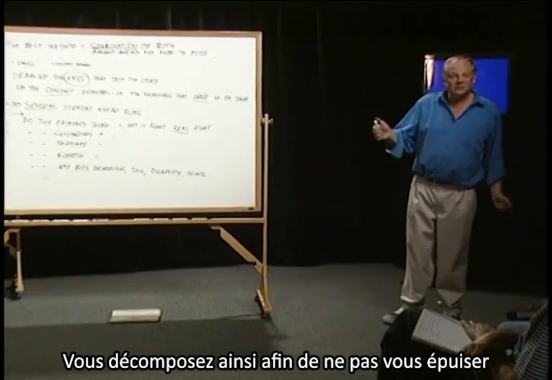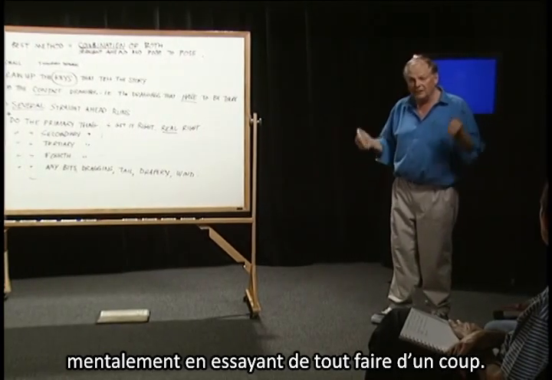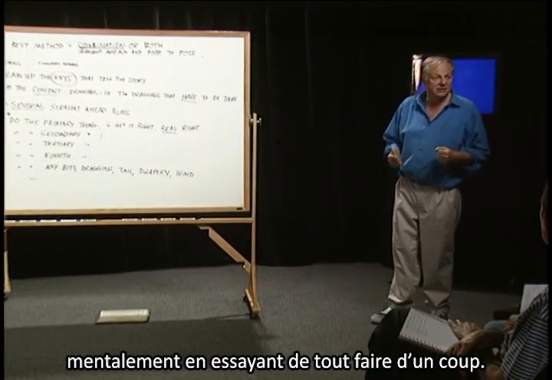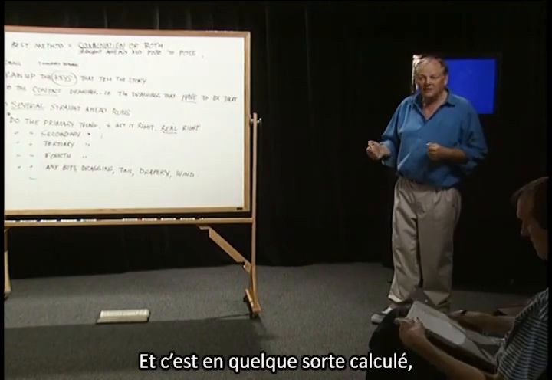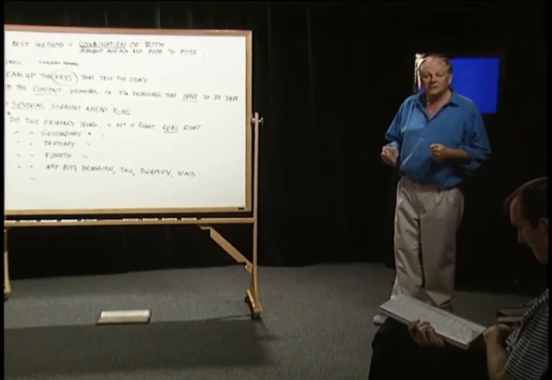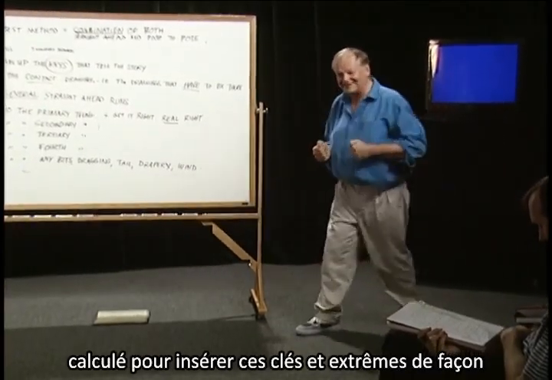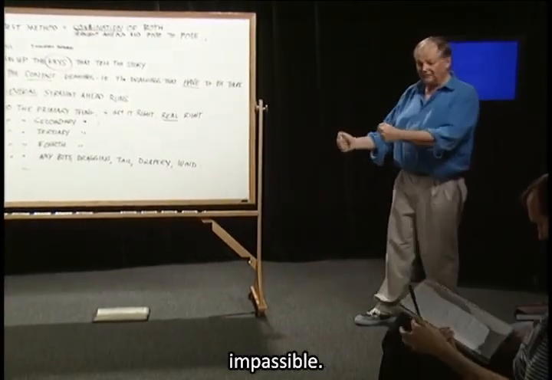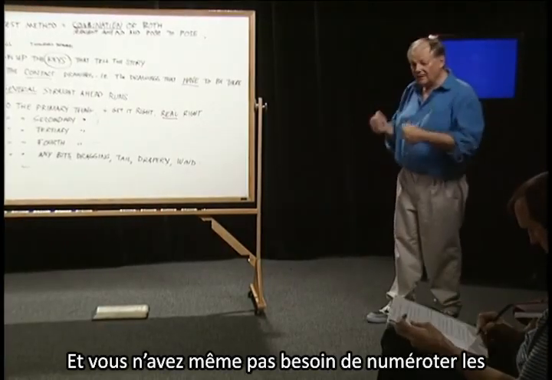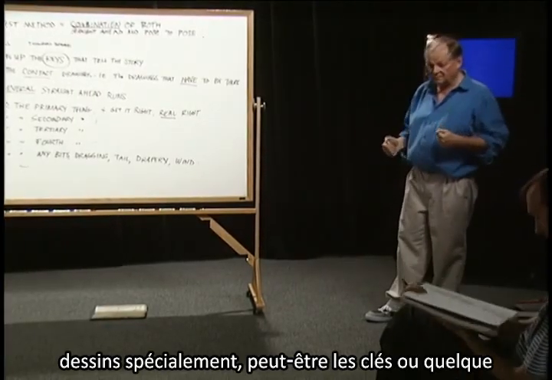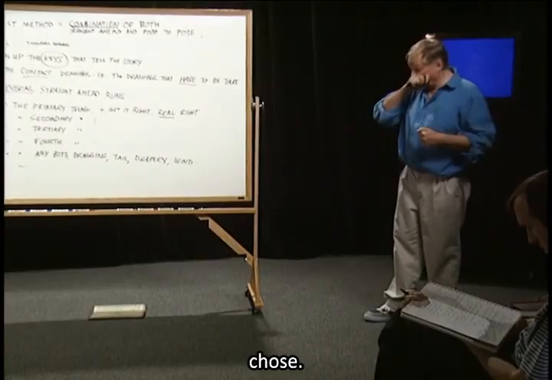So you break it down so that you don't have to break your brain trying to do everything at once. And it's kind of a calculated building mechanism to fit in these keys and extremes in a cold-blooded fashion. And you don't even need to number the drawings particularly, maybe the keys or something.